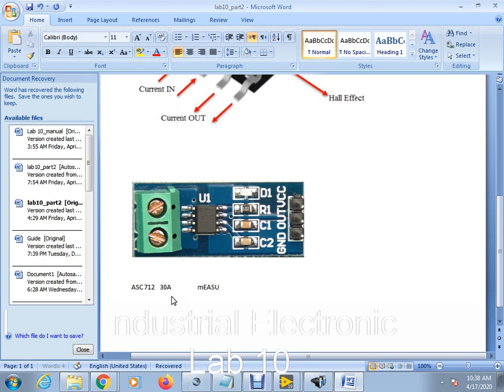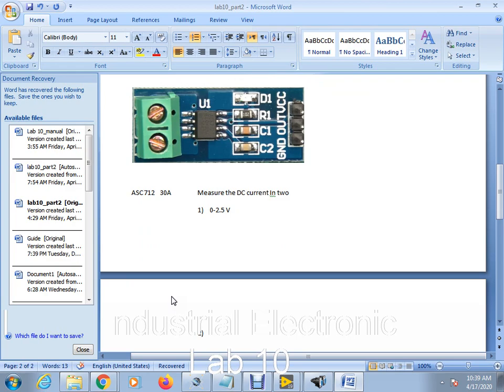It measures DC current in two conditions: 1, 0 to 2.5 volt, which is the offset value.